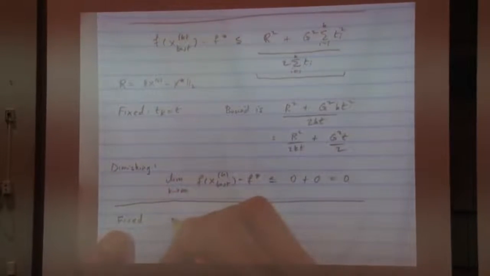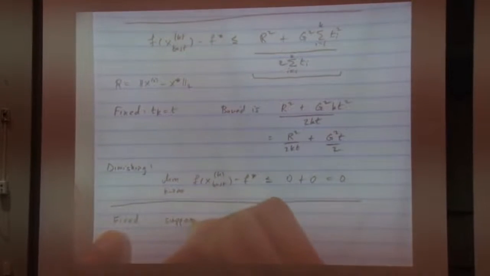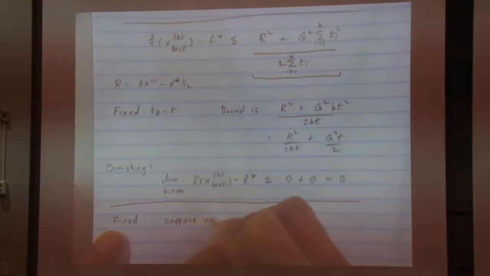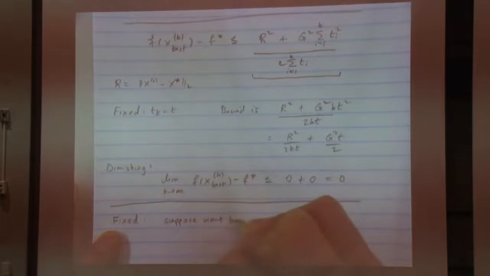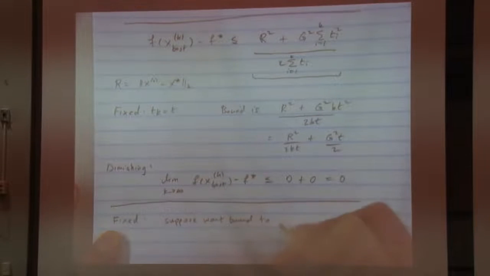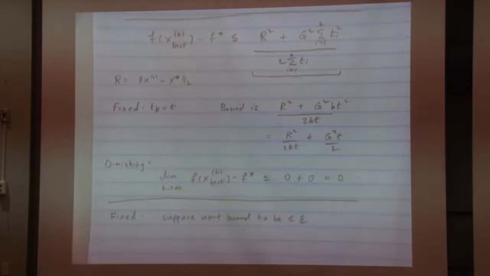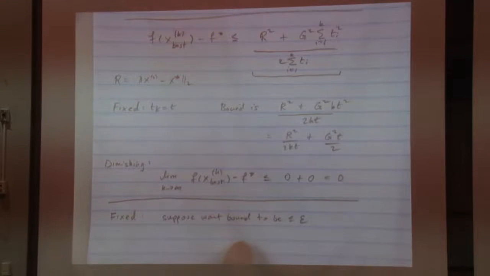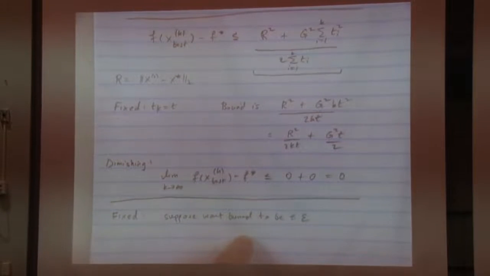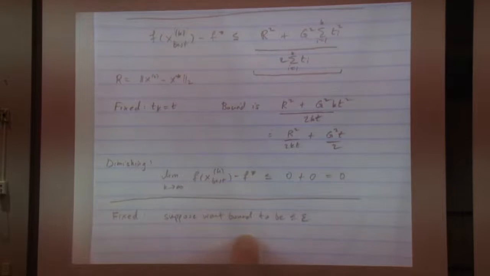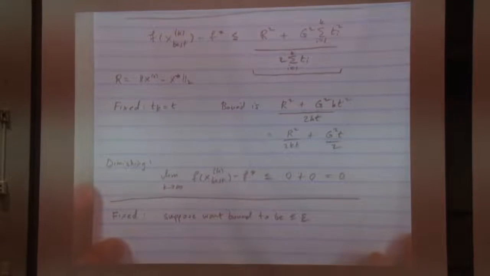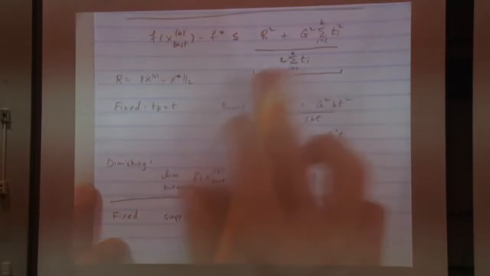Let's just suppose we want the bound to be at most epsilon. And we're going to see how do we have to choose t and how do we have to choose k to make this work. So we're going to try to make each term smaller than epsilon over 2.